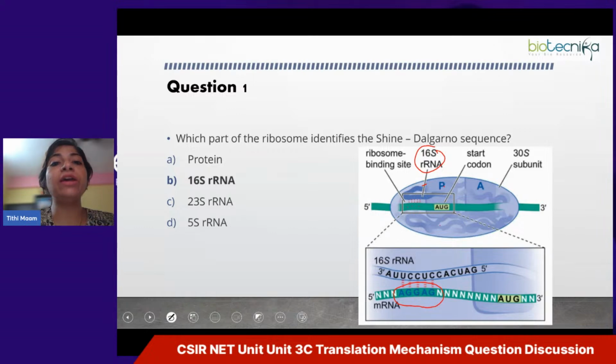Whereas in those mRNAs where the Shine-Dalgarno sequence is more similar to the conserved sequence, the translation becomes stronger. Is it understood? So the answer will be 16S rRNA.